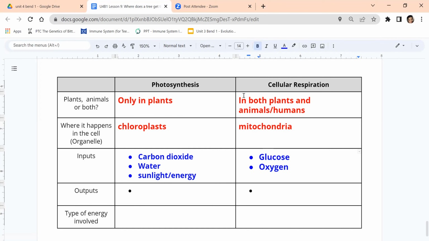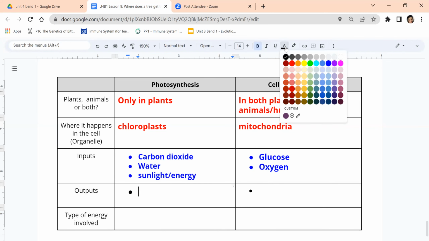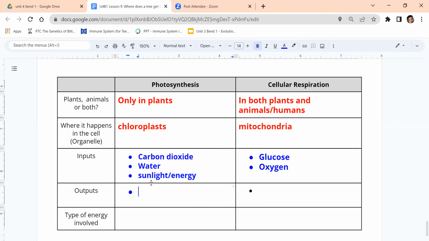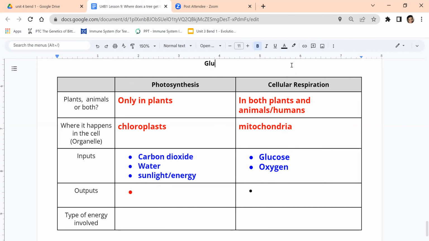Okay. Now let's look at the outputs. The outputs of photosynthesis are glucose. I'm going to make these red so you can see the difference better.